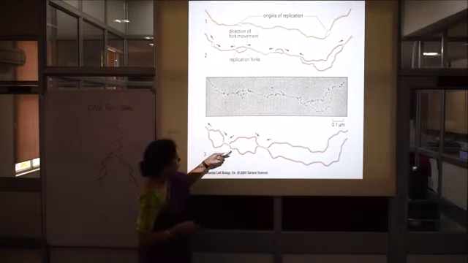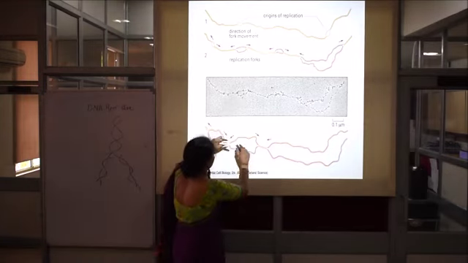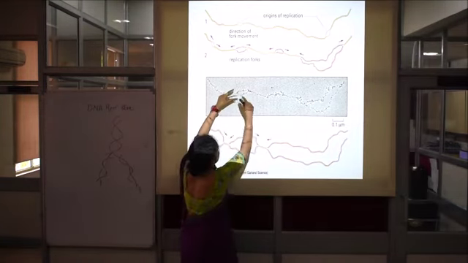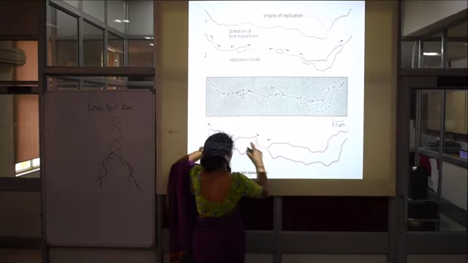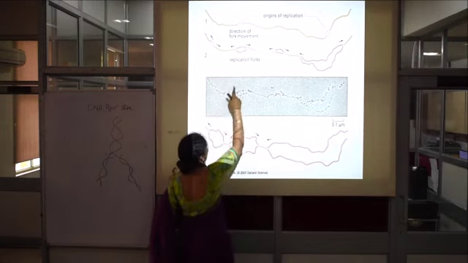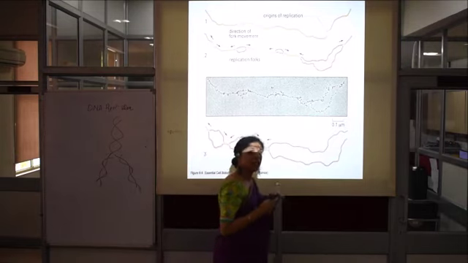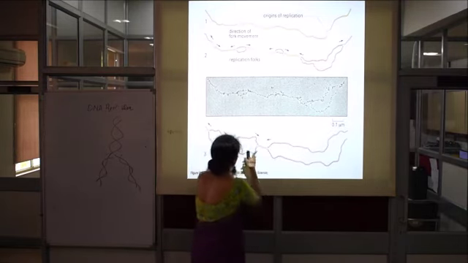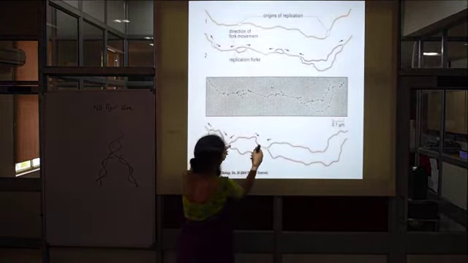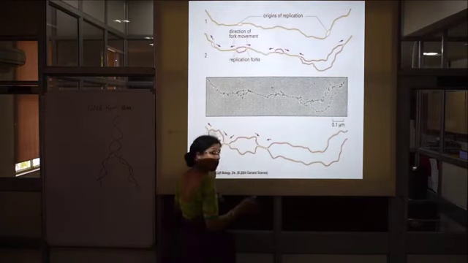It has been observed that with time the size of this O increases. Initially it was small and then it increases. It shows that the DNA is replicating in both directions, and it is not opening from only one direction.